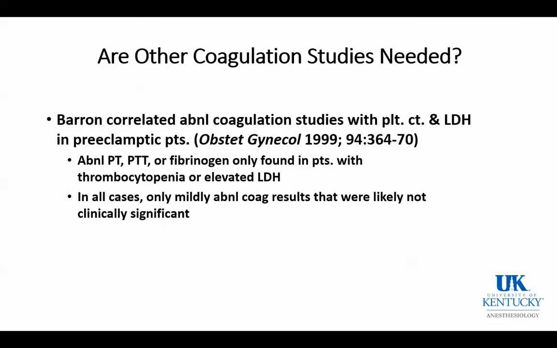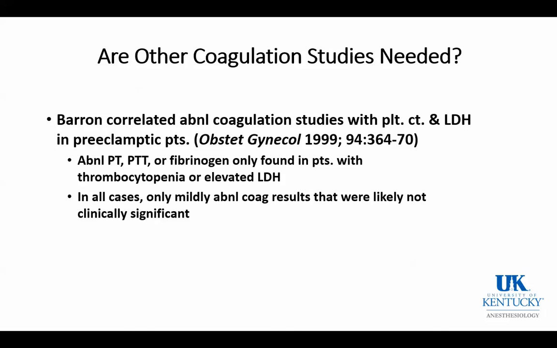So this is just another study that again looked at abnormal coagulation studies in patients with preeclampsia. The one caveat here is that they only saw abnormal coags in patients who had either thrombocytopenia, or the other thing was abnormal liver function, elevated LDH.